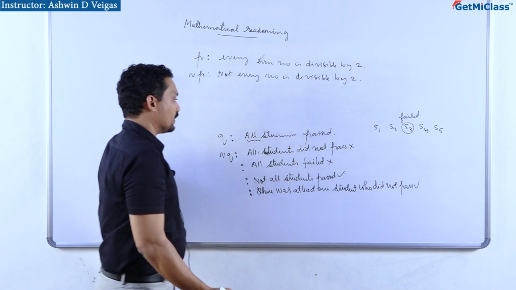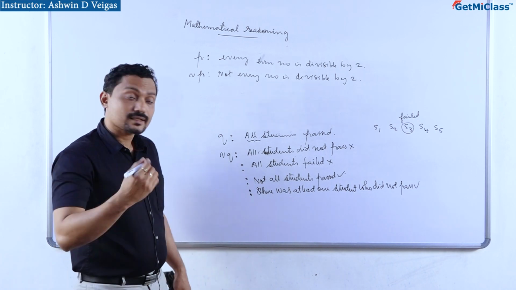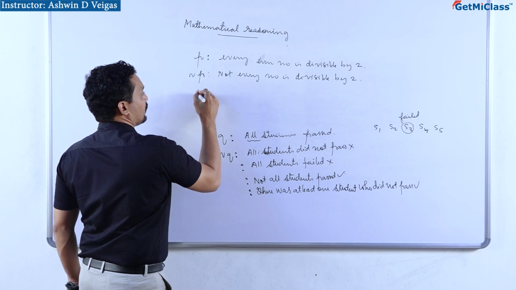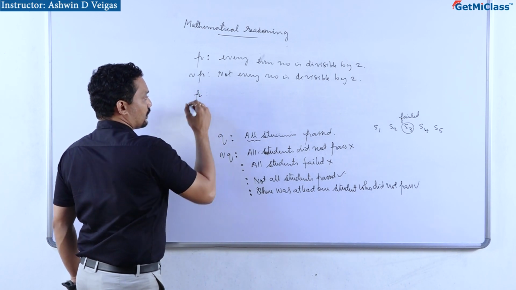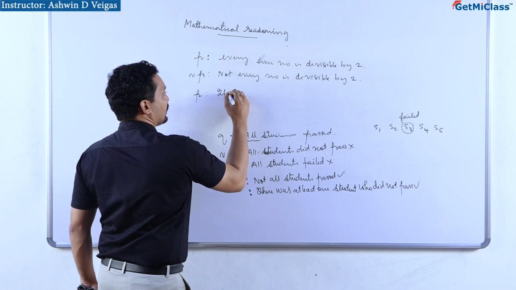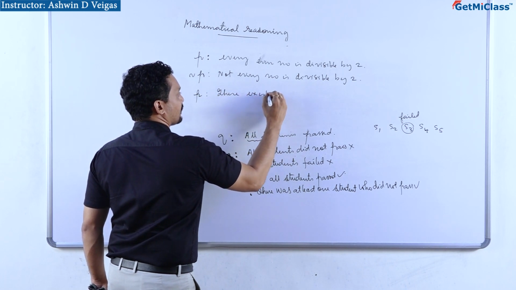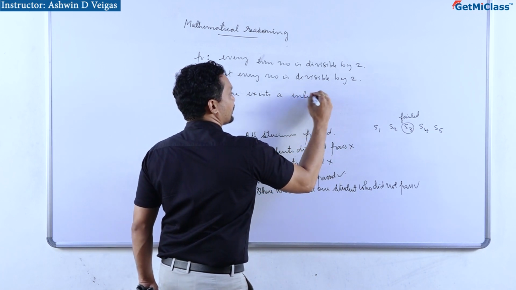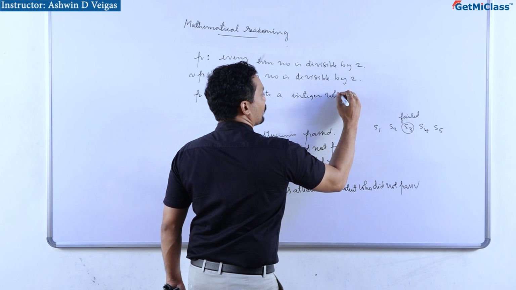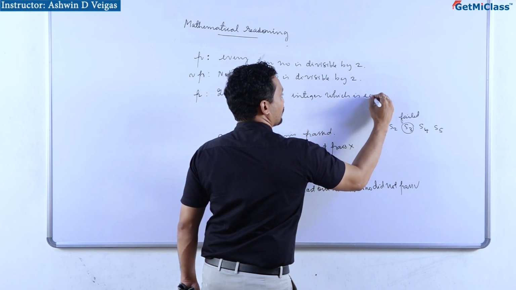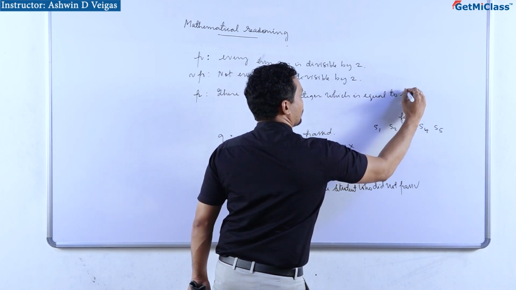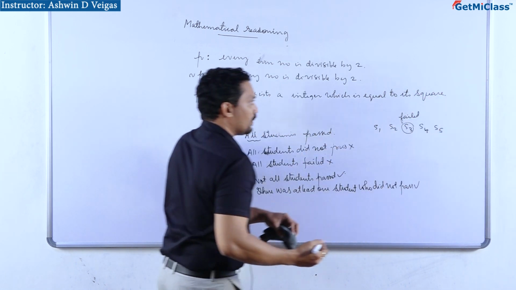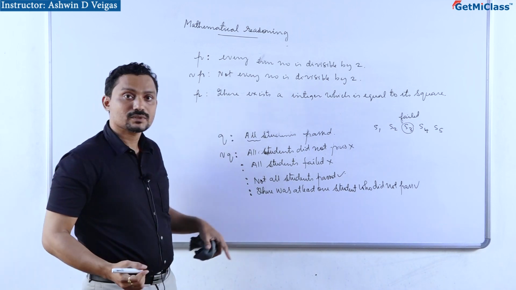Then there can be a word like there exists. Let us say there is another quantifier: there exists an integer which is equal to its square. Another very famous quantifier is there exists.